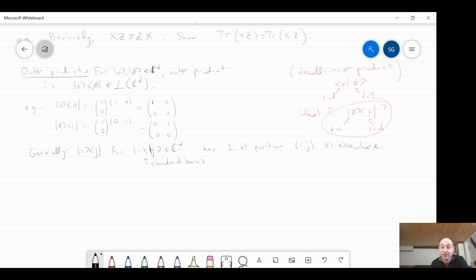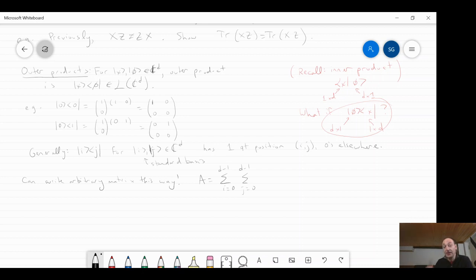Okay, so why in the world am I showing you this? Well, of course, this will have many uses later, but it gives us a very, very compact way of writing an arbitrary matrix. So I can write an arbitrary matrix this way. Okay, so what do I mean? I can write A. So take your favorite matrix, and remember that I have two sums. I have to start at 0 and go to d minus 1 technically.